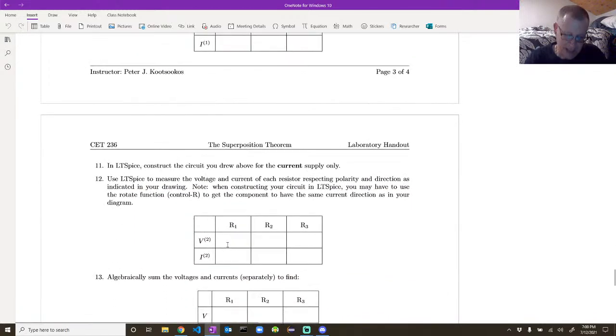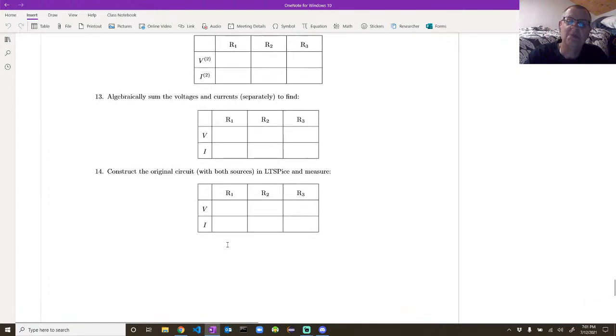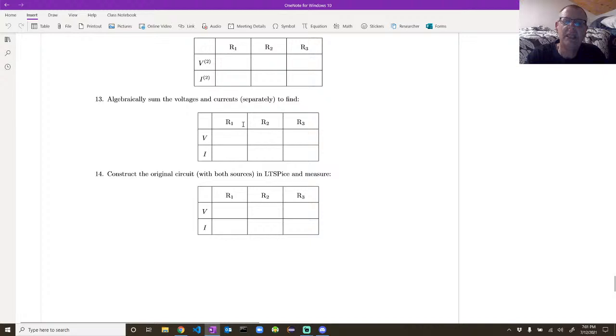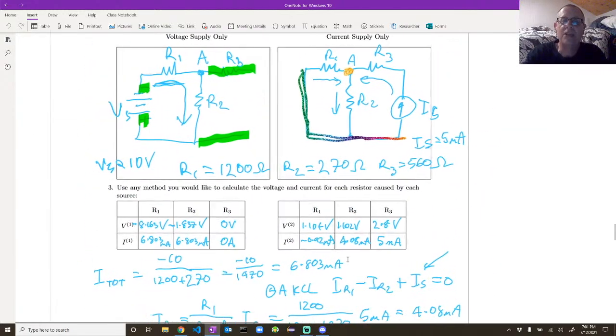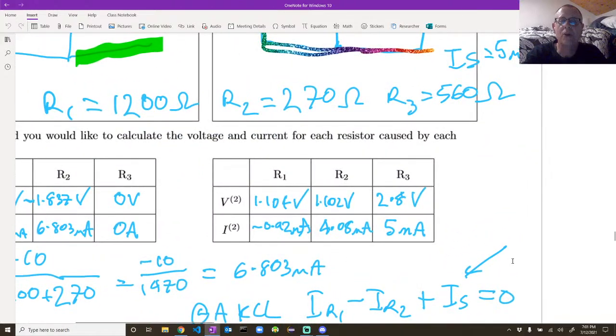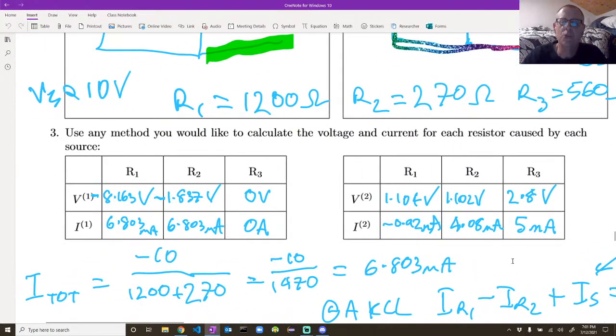And then construct each of the smaller circuits in LT-SPICE and validate all the values for V1, V2, I1 and I2. Sum them and then look at what LT-SPICE tells you for the full circuit. And everything should add up, right? The sum of all of the entries in both of those tables should give you how the full circuit works.